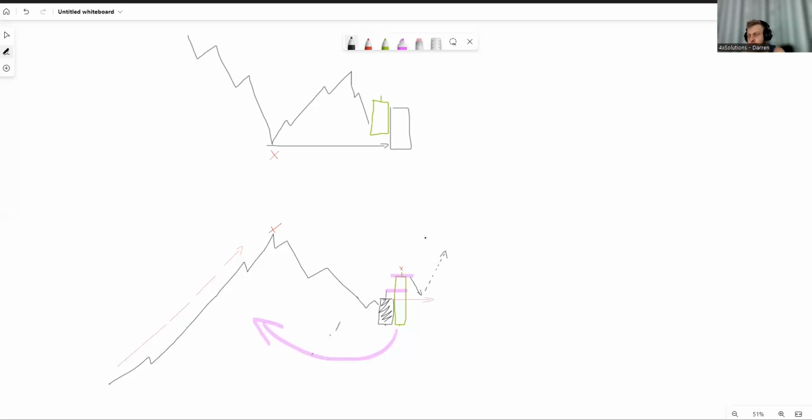I mean, when you learn ICT and you learn SMT, you're learning manipulation, but at the same time you're learning corresponding asset classes, and are they moving symmetrically, are they detached from one another, are they being manipulated?